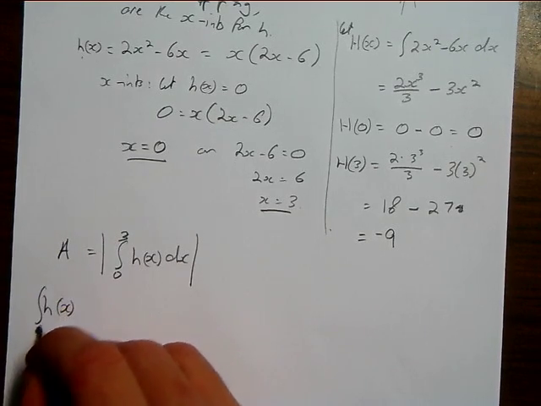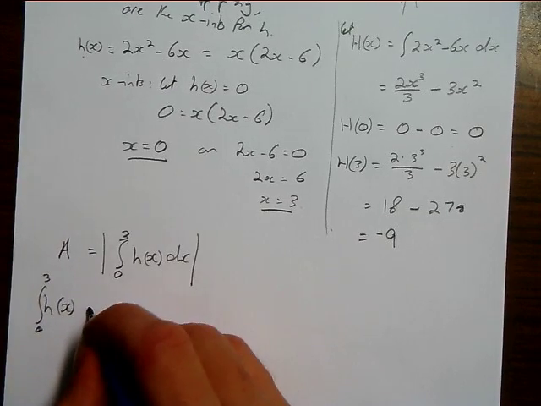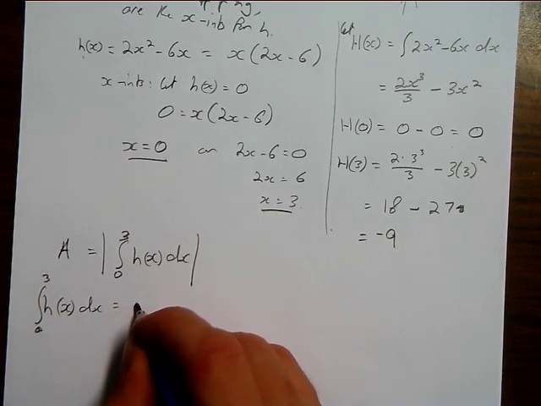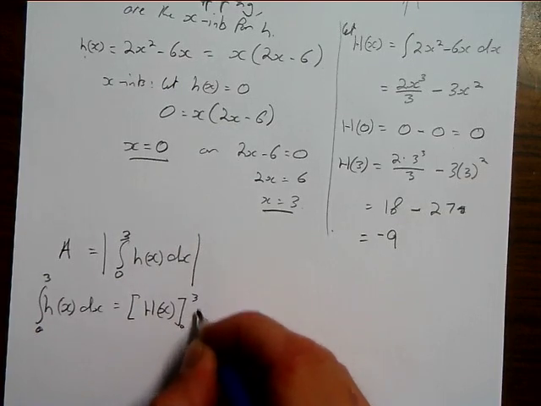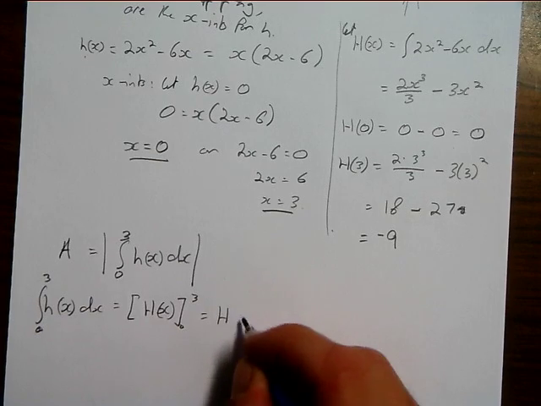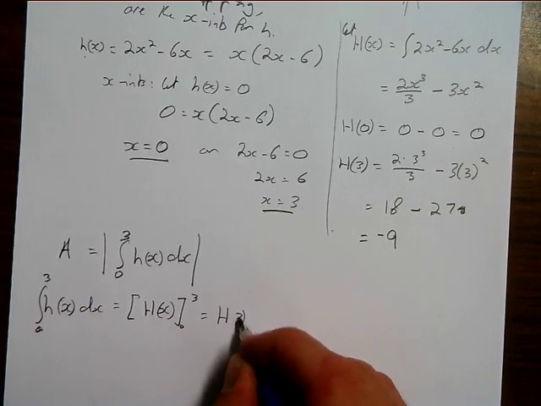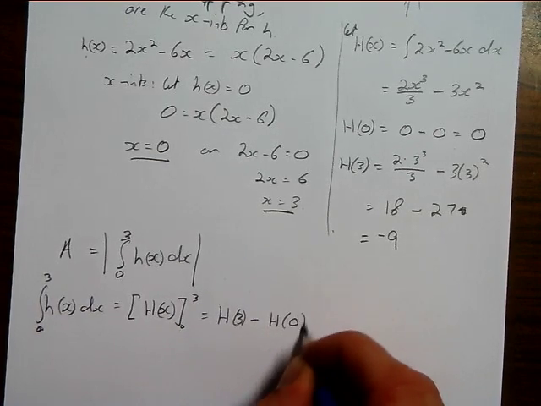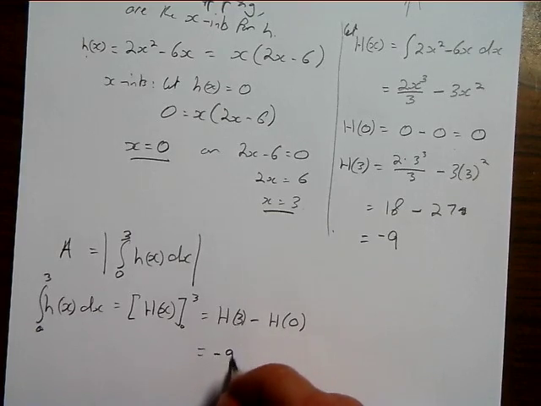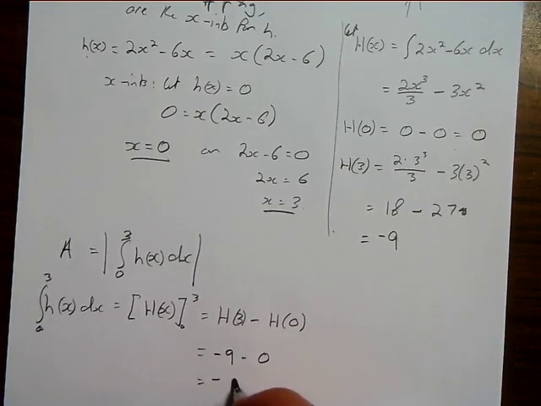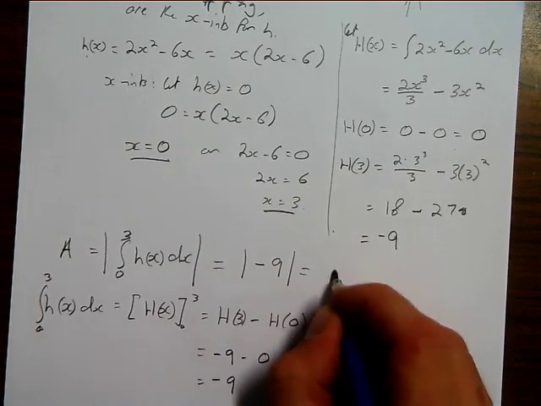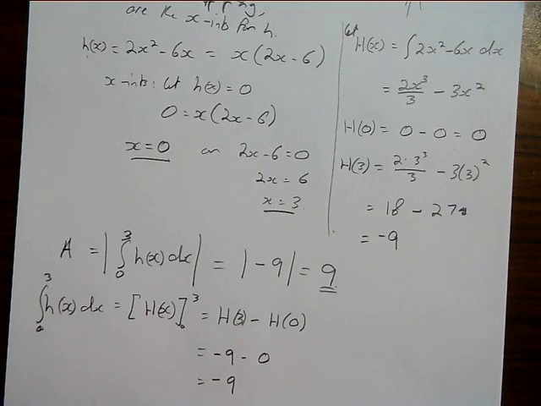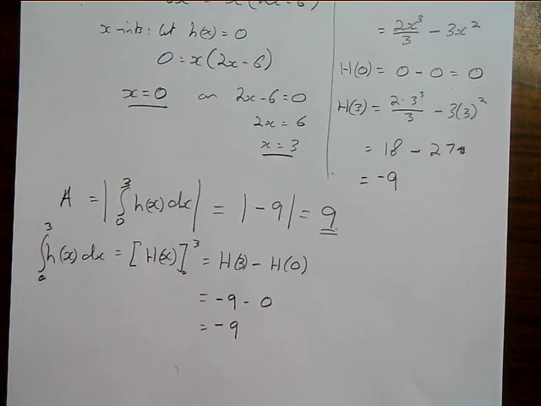That integral from 0 to 3 is the big H from 0 to 3, which is H of 3 take H of 0, which is negative 9 take 0, which is negative 9. So my area is the absolute value of negative 9, which is 9. And that's what there is to that bounded area.